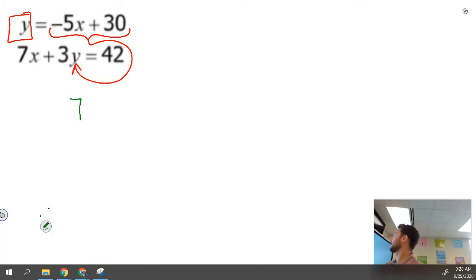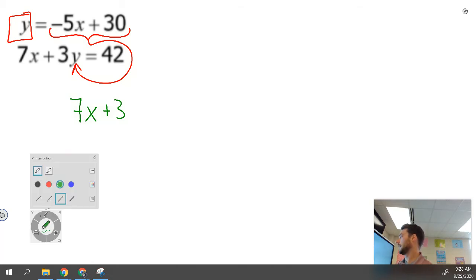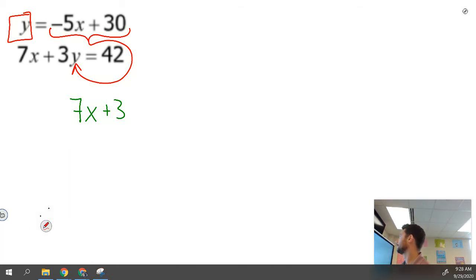It'll say 7x plus 3. That all was the same, but now instead of y, I need to replace that y with, well, negative 5x plus 30. Now make sure you plug it in with parentheses.